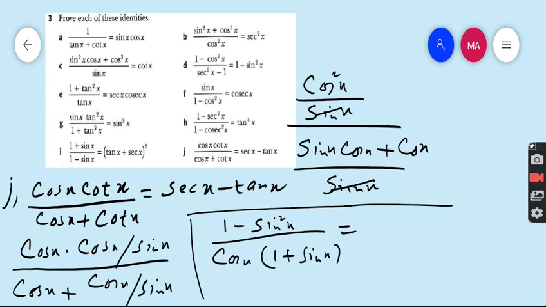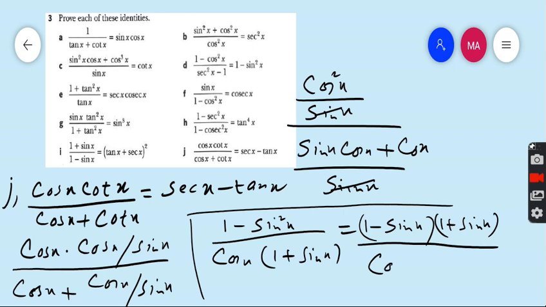1 minus sin square x, using a square minus b square is a minus b into a plus b. So 1 minus sin x into 1 plus sin x upon cos x into 1 plus sin x.